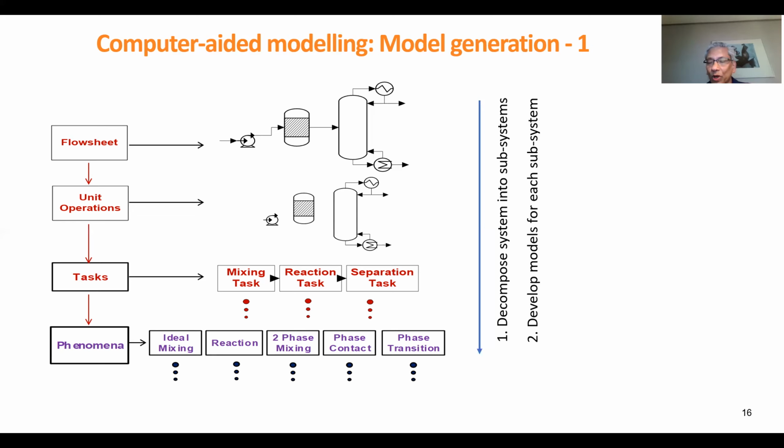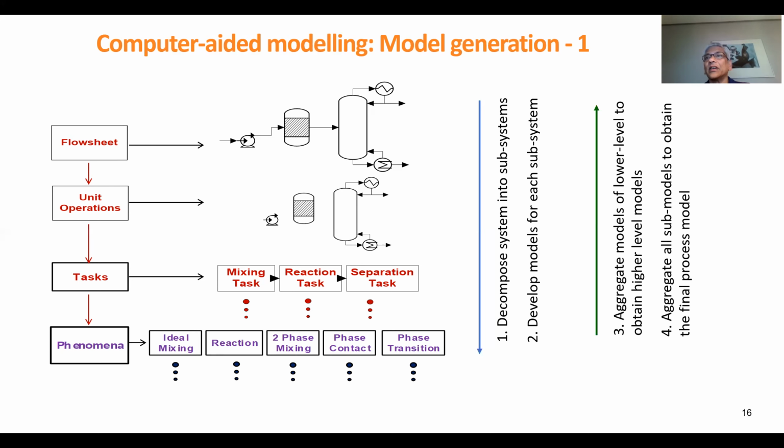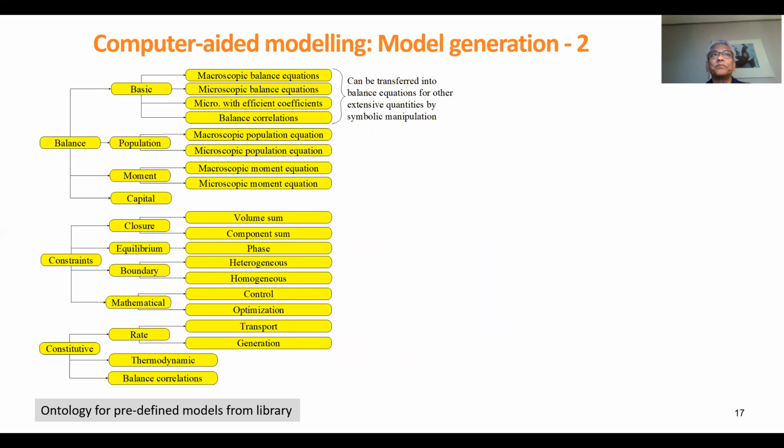So what we need is a method to decompose and develop the models at the lowest scale, and then we need a method to aggregate these and get the higher scale models. If we can develop a system like that, we can have a nice model generation system.